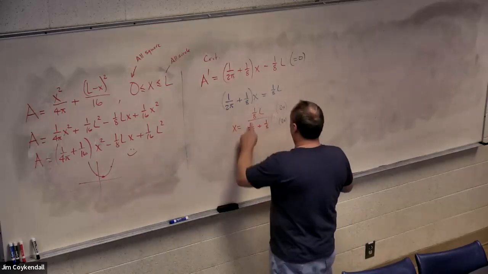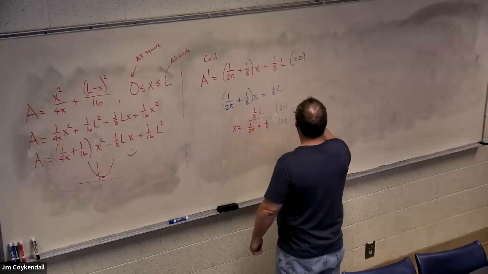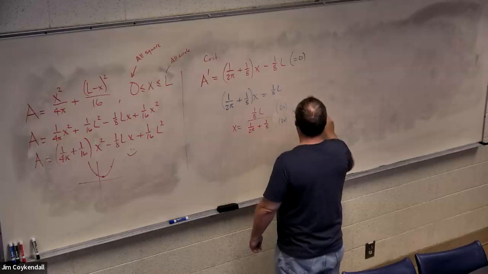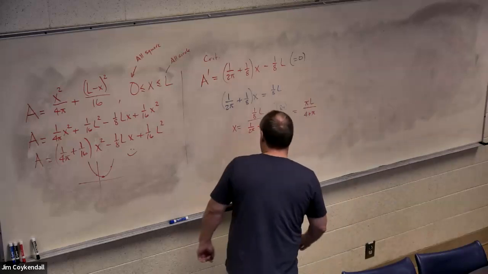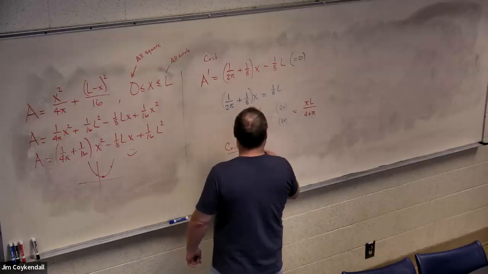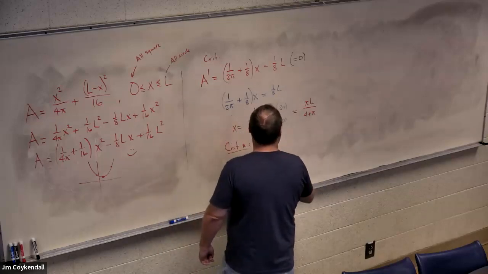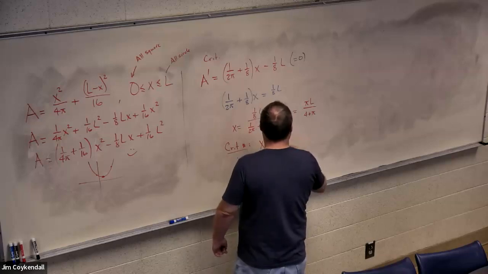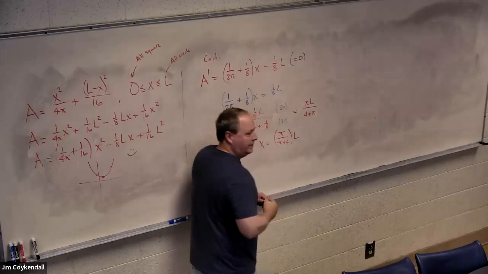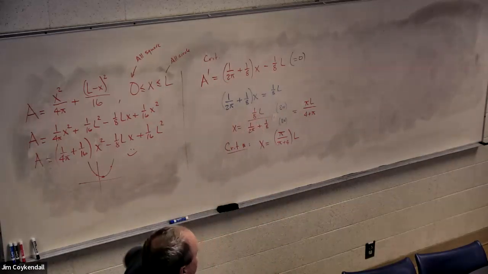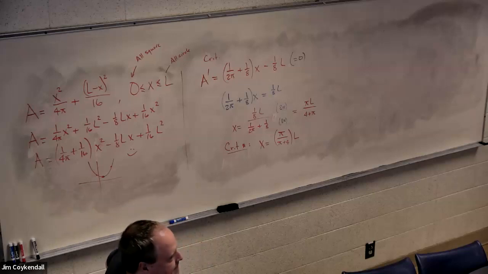And this gives me pi L over 4 plus pi. So I get the critical number x is equal to pi over pi plus 4 times L. Am I agreeing with that?